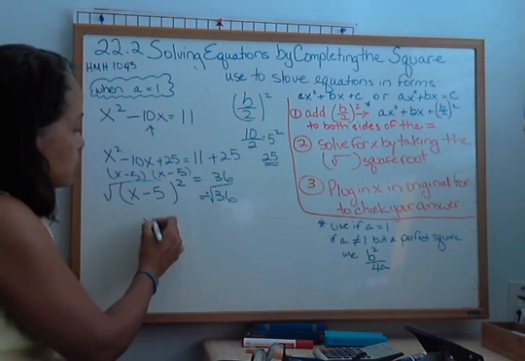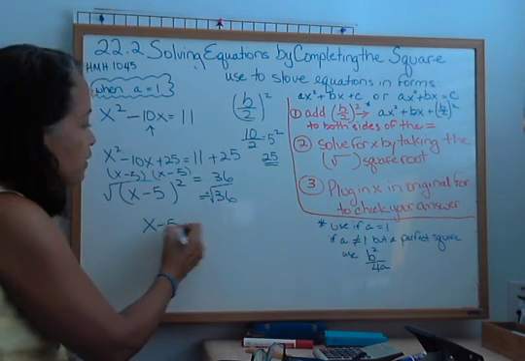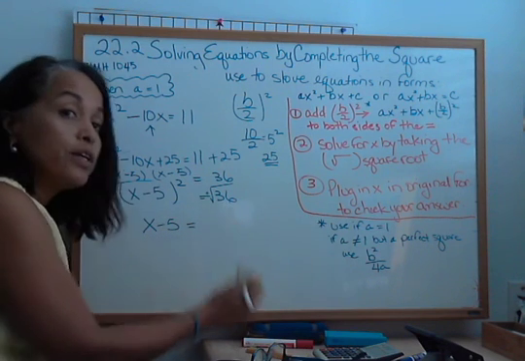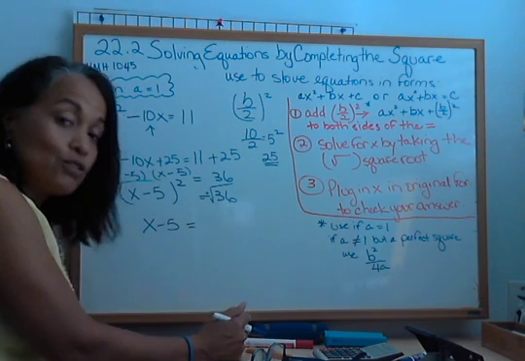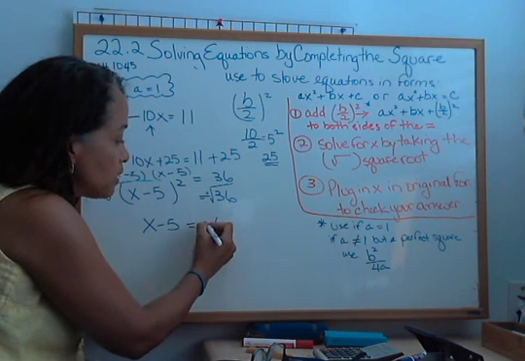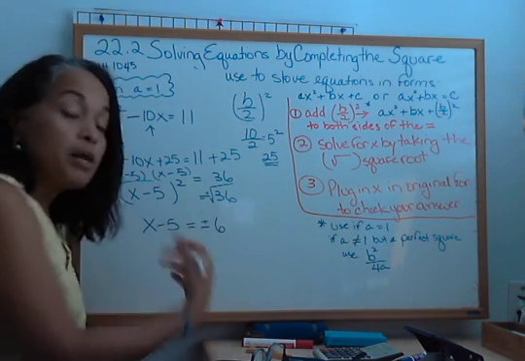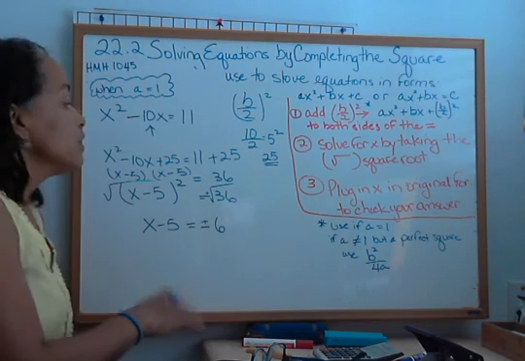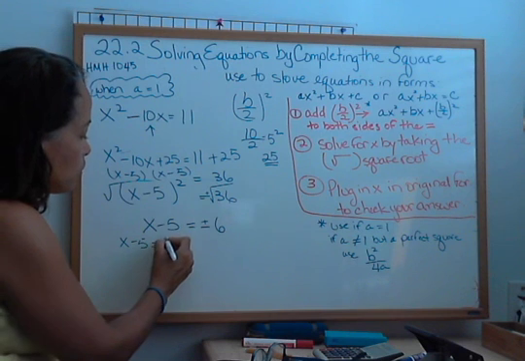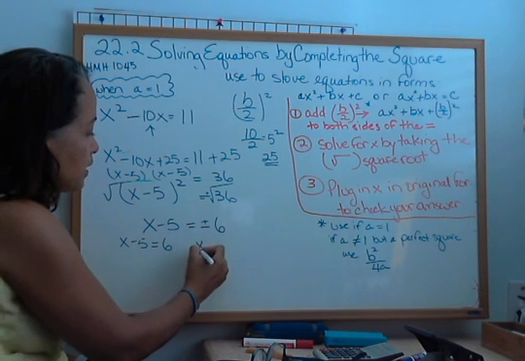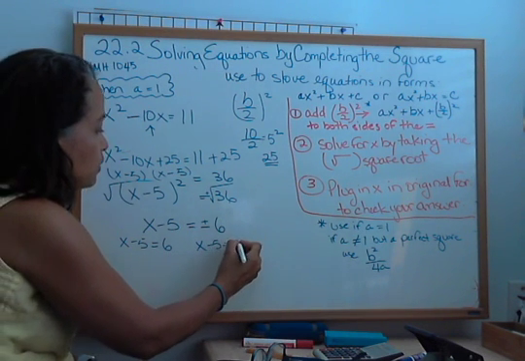That's going to give me just the x minus 5 here equals, well, what is the square root of 36? 36 is a perfect square, so the square root is going to be 6, but we need to entertain the positive and the negative solution for that. So x minus 5 could equal positive 6, and x minus 5 could equal negative 6.